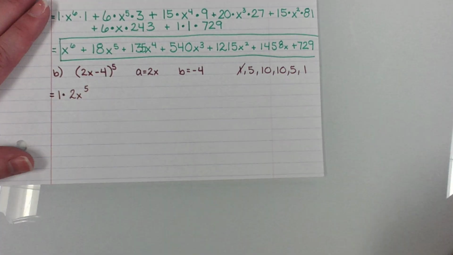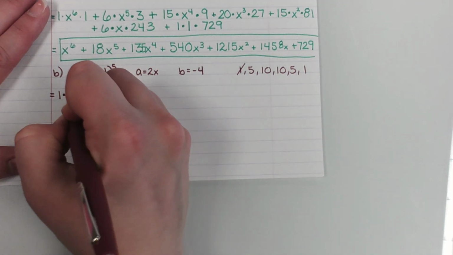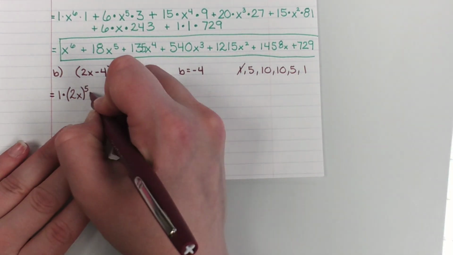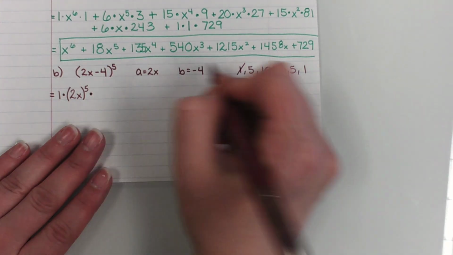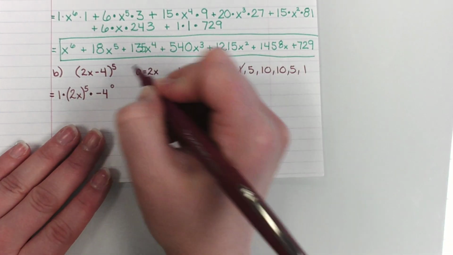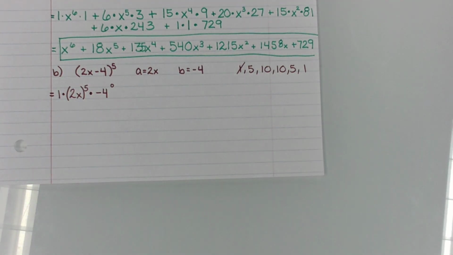I cannot write it like this. This is incorrect. I need parentheses around it. That 2 needs to be put to the power of 5 as well as the x. And then when I do the second piece, that b, which goes to the power of 0, if I write it like this, it is also incorrect.